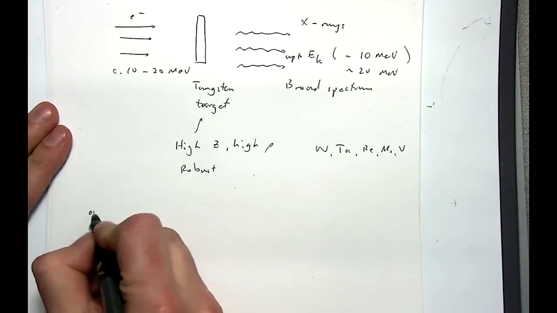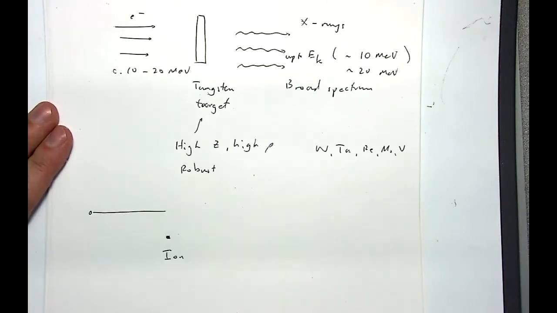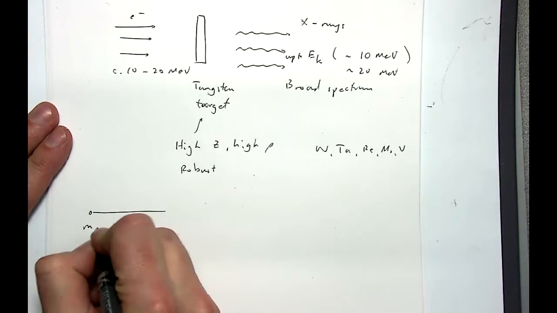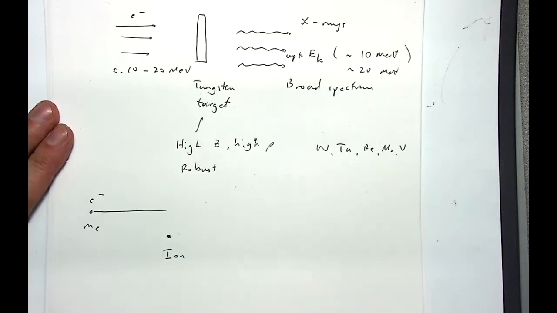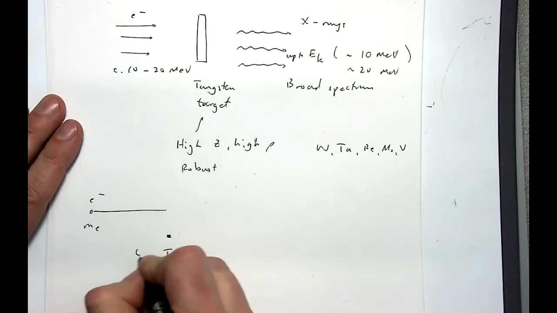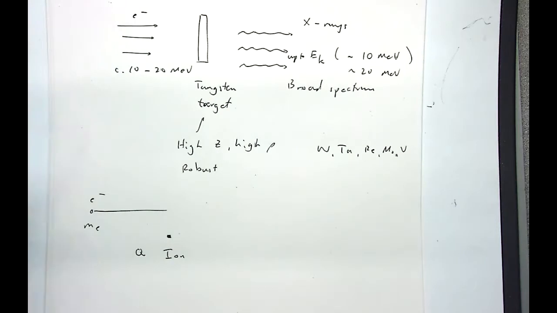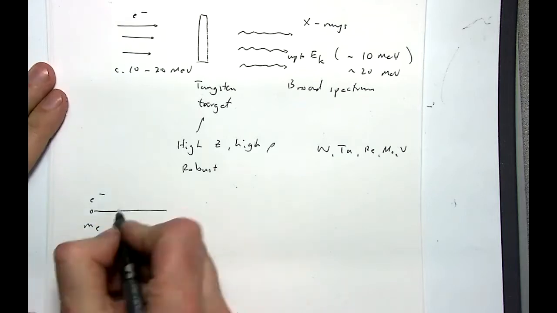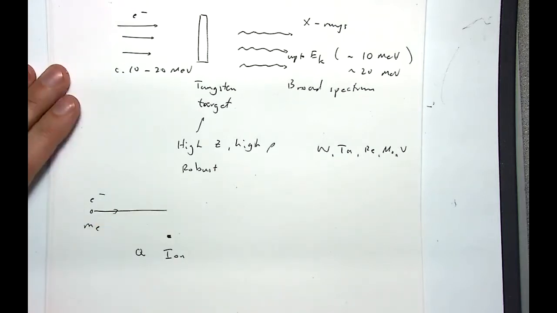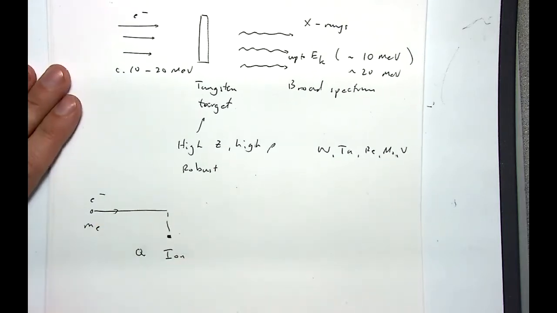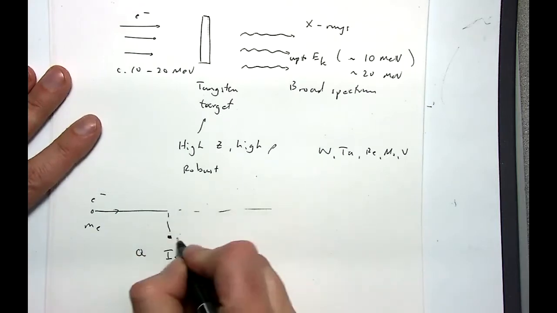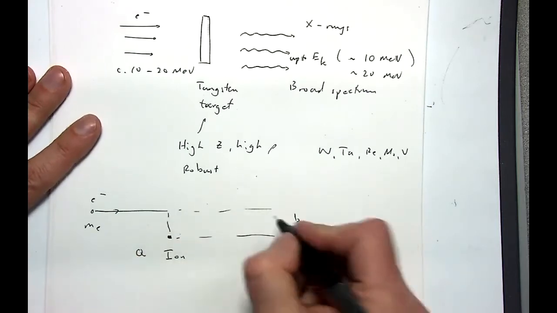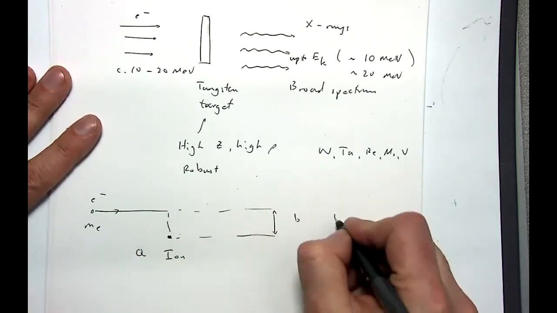Here's my electron, and it moves initially in a straight line through the solid material, and it happens to pass nearby some ion with an ion charge Q. So I ignore the electrons. I'm assuming it's the ions that are doing most of the force. And the distance of closest approach, I'm going to label b, and that is the impact parameter.